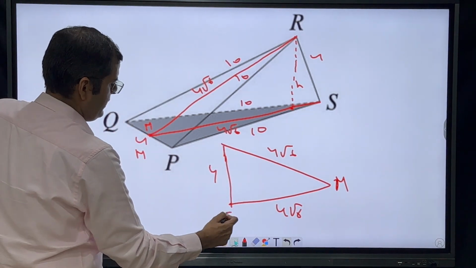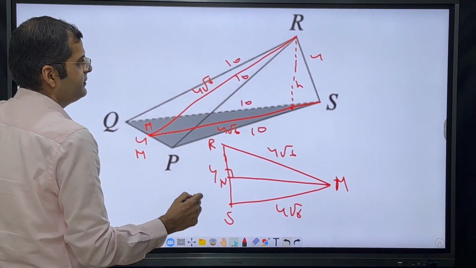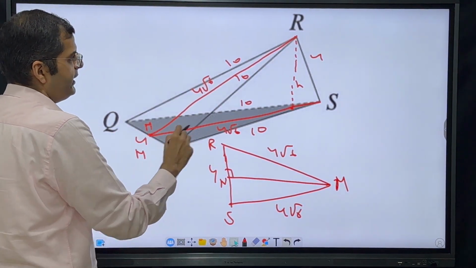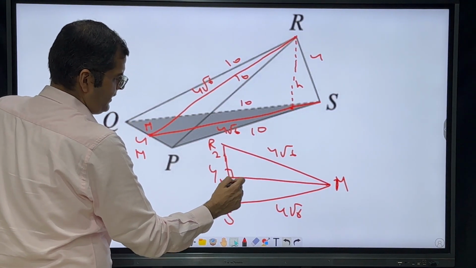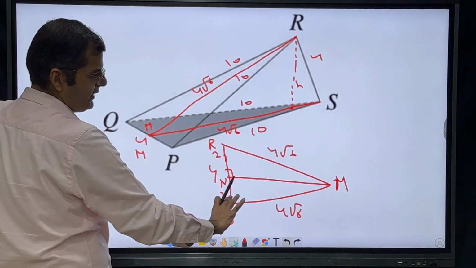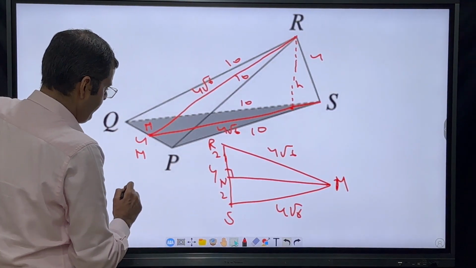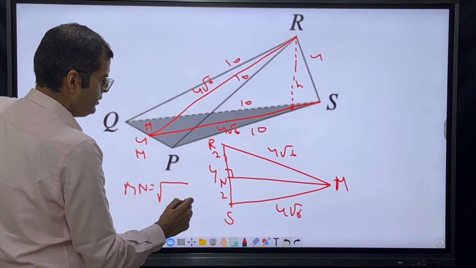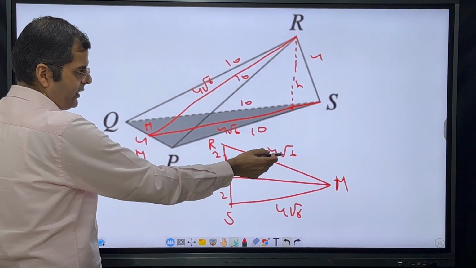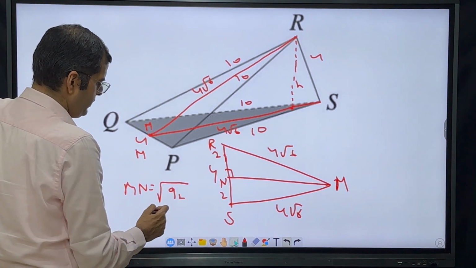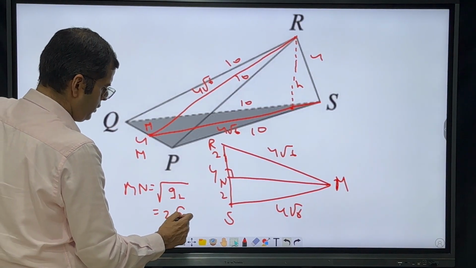Now if I drop a perpendicular MN in MRS, what is the length of this perpendicular? This is 4, it will divide it into 2 and 2, because this is an isosceles triangle, 4 root 6 and 4 root 6. So MN will be the square root of 96 minus 4, 92, square root 92, which is 4 into 23, that is 2 root 23.